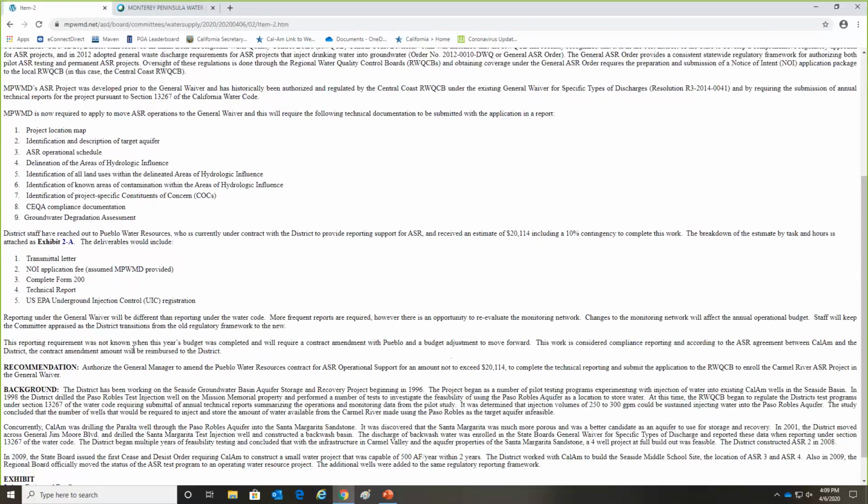It's prepared once and submitted with your application and is accepted, and then you are enrolled, and then each year you pay a fee. But because paying this fee and enrolling in this program is part of the cost of making the water, it's covered within the ASR operations agreement with CAM as a reimbursable expense. Okay. All right. Thank you.